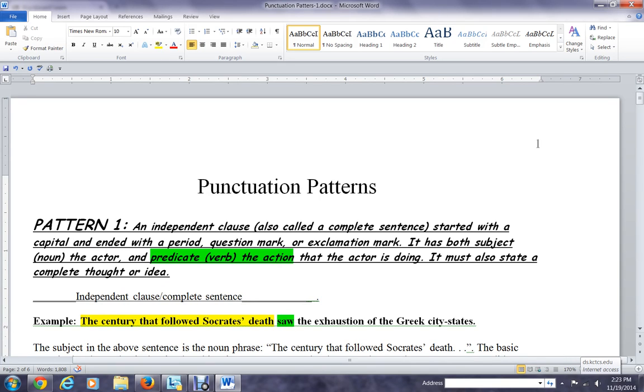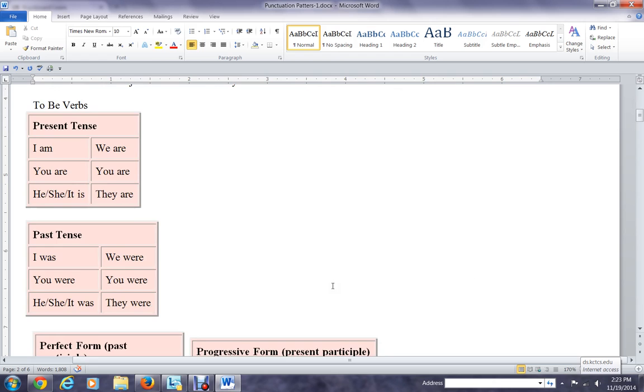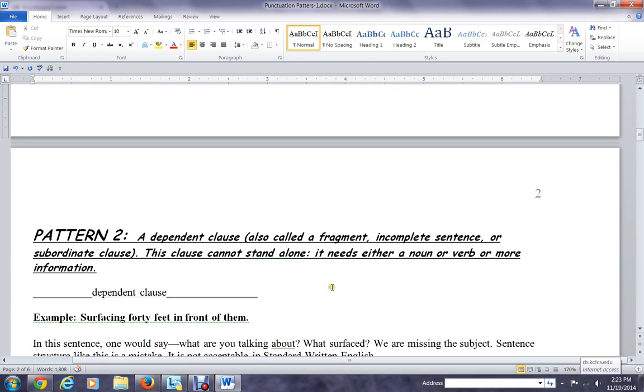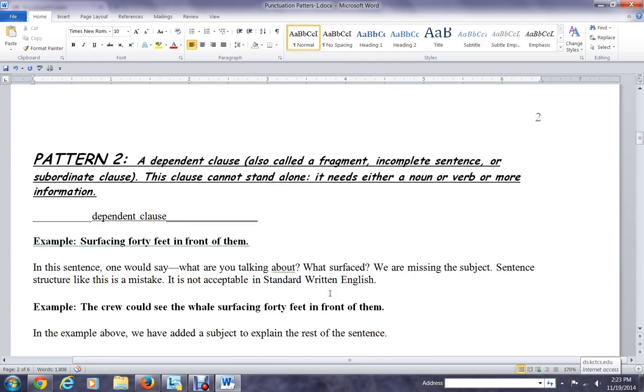And I said something a minute ago about fused. I did not mean that. I meant fragments. If you don't have all this, you will have a fragment, not a fused sentence. We'll do that in a minute. So if you heard that, I made that mistake.